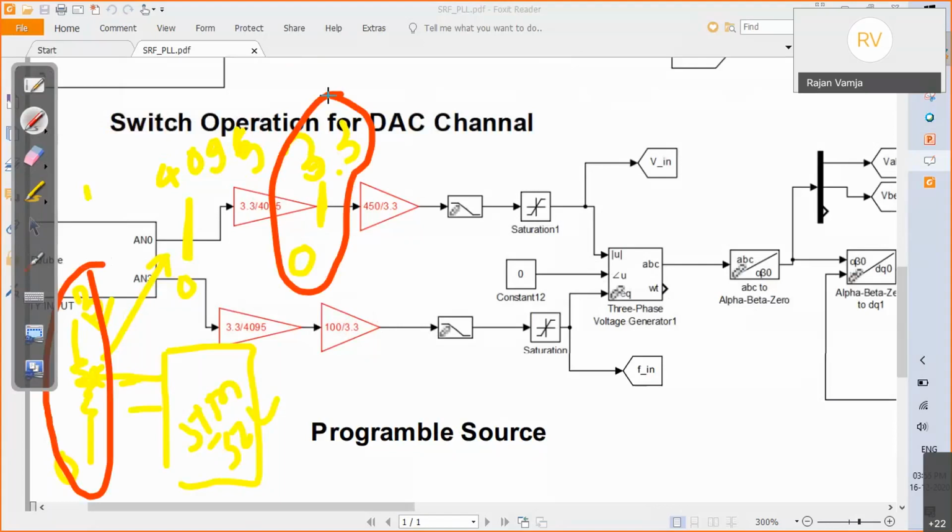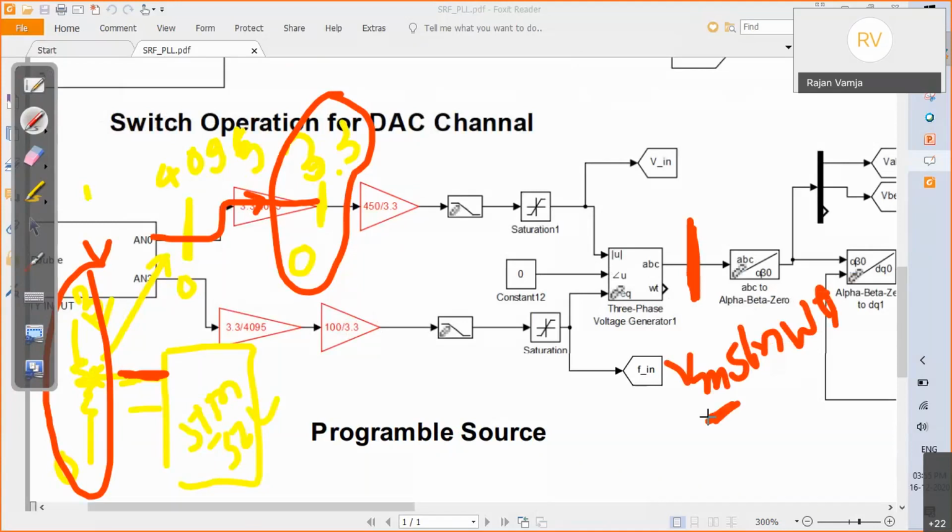Now our task is that the first channel should give the magnitude change. Whatever value we are varying here in the voltage, Vm sin omega t we are generating. So this Vm I am changing from 0 to 450.